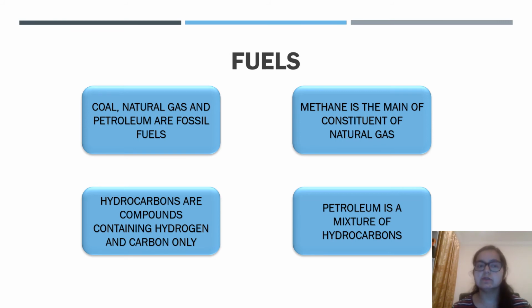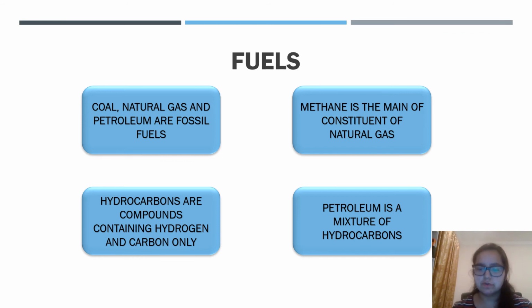Hydrocarbons are compounds containing hydrogen and carbon only. So alcohols and carboxylic acids are not hydrocarbons as they have oxygen as well. Alkanes and alkenes are hydrocarbons because they have only carbon and hydrogen. They do not have oxygen, nitrogen, chlorine or bromine. They only have carbon and hydrogen. That's why it's a hydrocarbon.